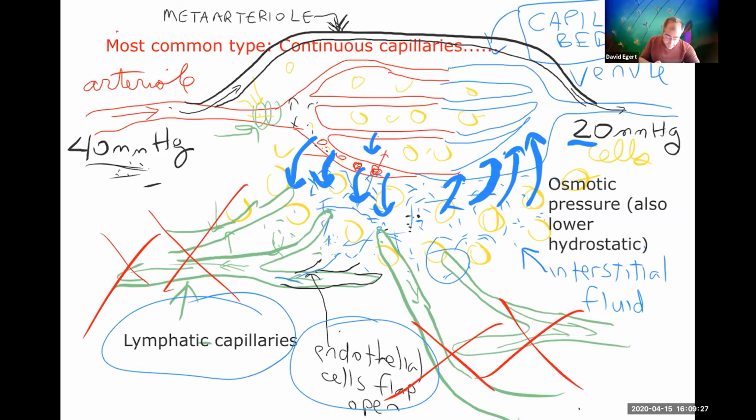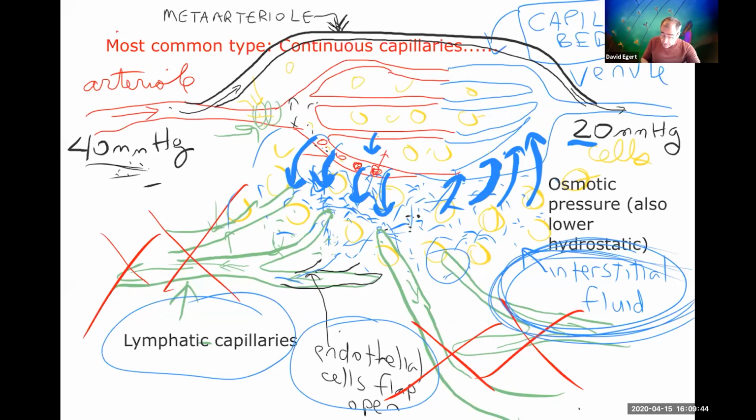So you're going to get an excess of fluid building up in this interstitial space. You can also get it if there's just so much leakage that you can't keep up with it. So when you have excess interstitial fluid, that's when you get into what's called edema.